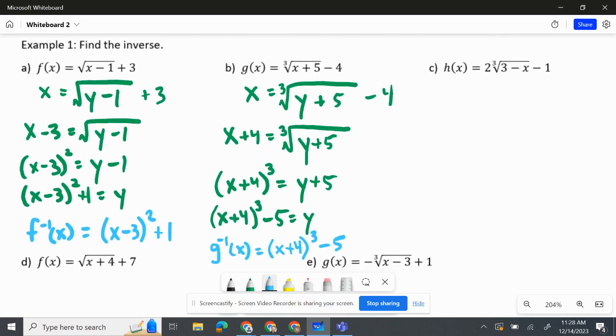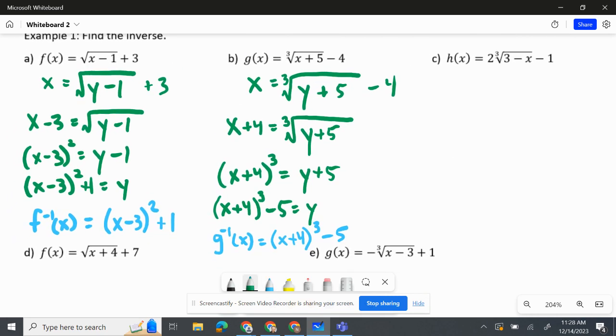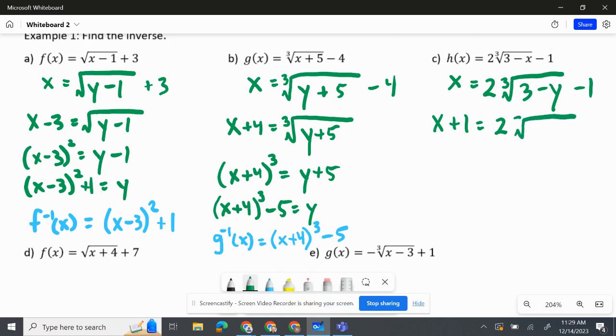Now, looking at letter C, once again, my first step, I'm going to switch the x and the y. Then I'm going to add the 1. And then I'm going to divide by 2.